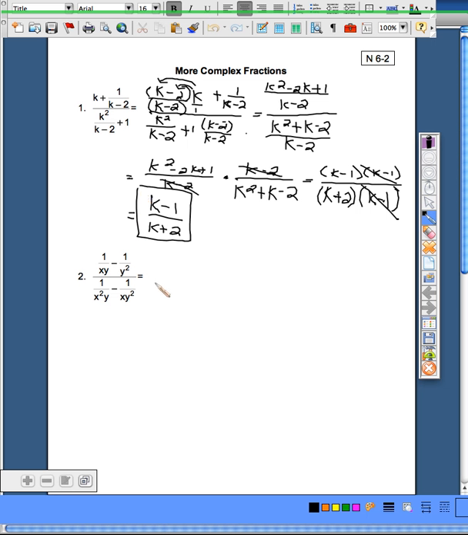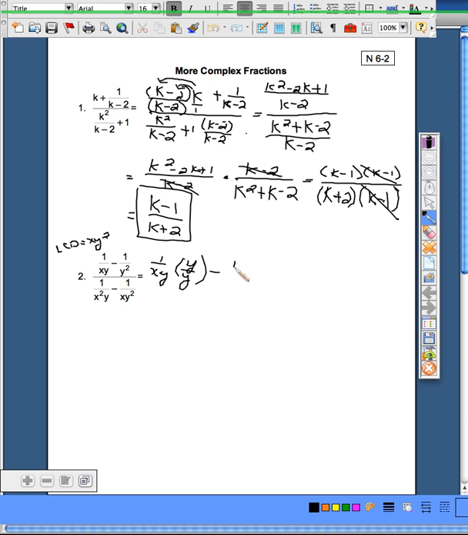Now, looking at this next example, if you look at the numerator part, this denominator is xy, this one is y squared. So our common denominator is going to be xy squared. So that means we have to multiply this first one by y over y.